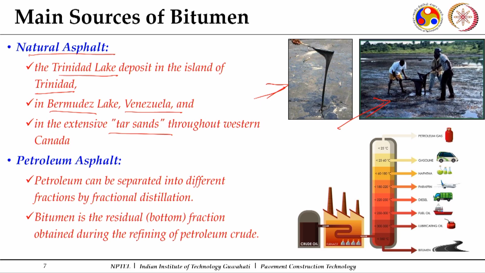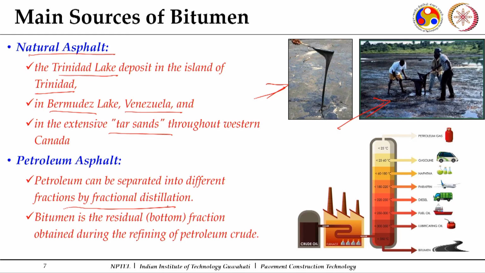And as I said, later on with the growth, specifically the requirement of automobile fuel, when the refining of petroleum crude took place in the early 1900s, the bitumen which is derived from the refining of crude petroleum became more popular.